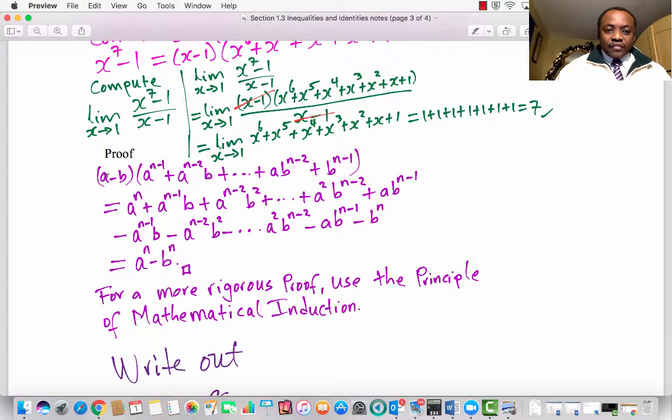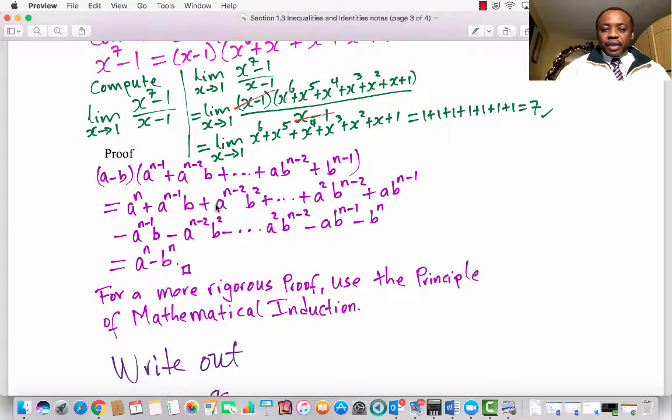And if I multiply this out, I would get a to the n plus a to the n minus 1 b plus a to the n minus 2 b squared plus so on, minus a to the n minus 1 b minus a to the n minus 2 b squared minus b to the n. And then observe that a to the n minus 1 b cancels out with minus a to the n minus 1 b.